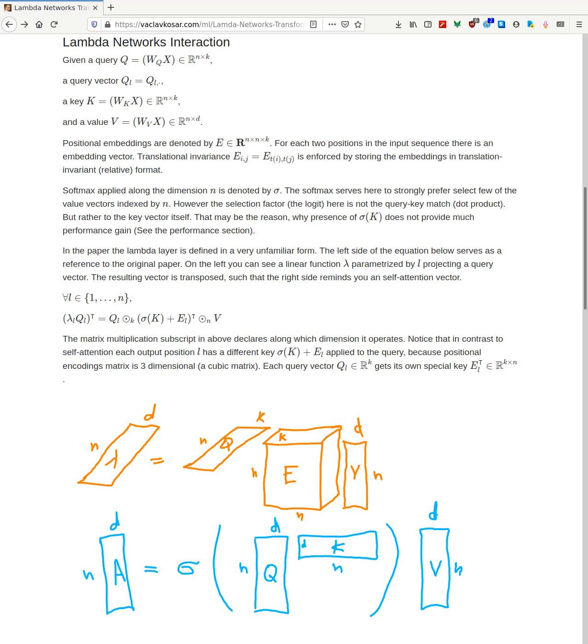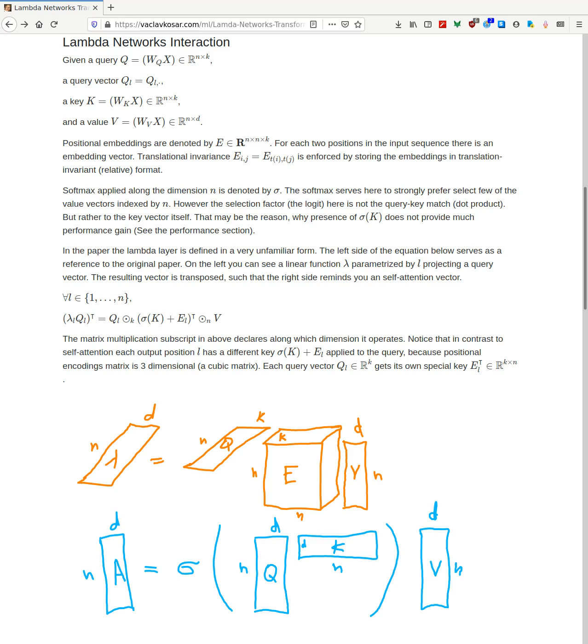But here it comes. Positional embeddings are denoted by E, and they are n times k. So this is a three-dimensional matrix. It's squared in n, plus the k dimension. So squared in n, right? So here the complexity comes from, and the performance also comes from here.